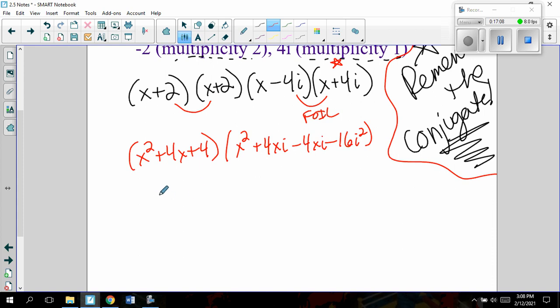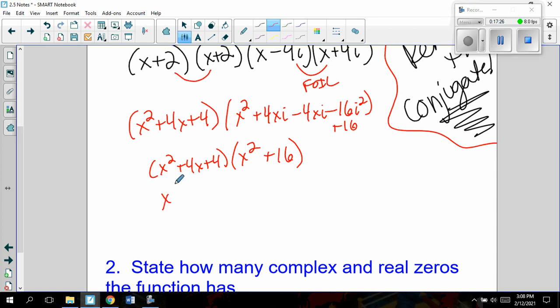Okay, so putting that together, I'm going to leave this one the way it is, and then my last one, this would be x squared. This would really be a plus 16 then, because you have times the negative 1, so plus 16. Do one last distribute and combine like terms. So x to the 4th plus 16x squared plus 4x cubed plus 64x, 4x squared, and then plus 64.